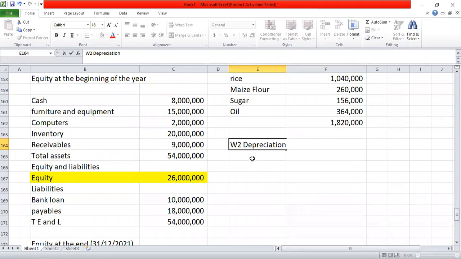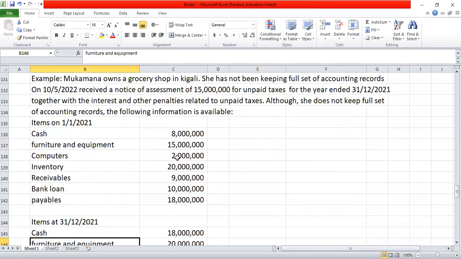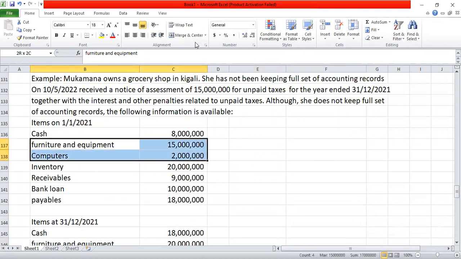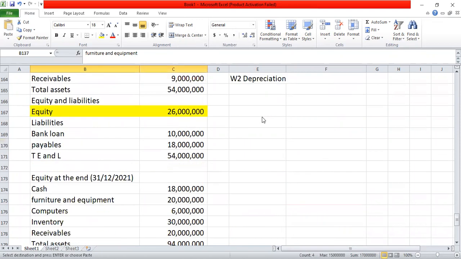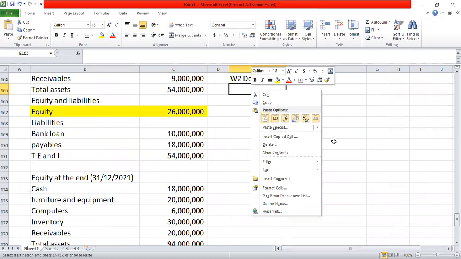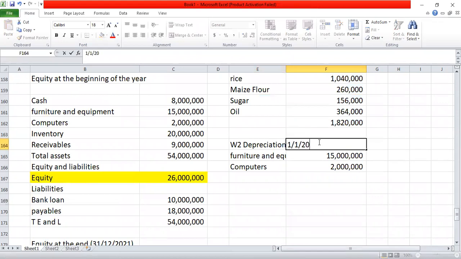So the assets we have, I can write them here. These are the only assets we have. Those are the assets on 1st January 2021. Then we have a new asset.